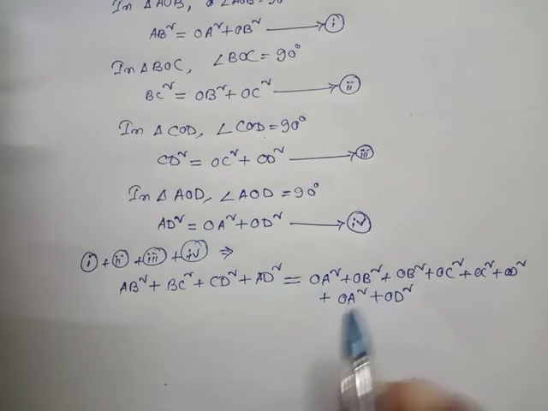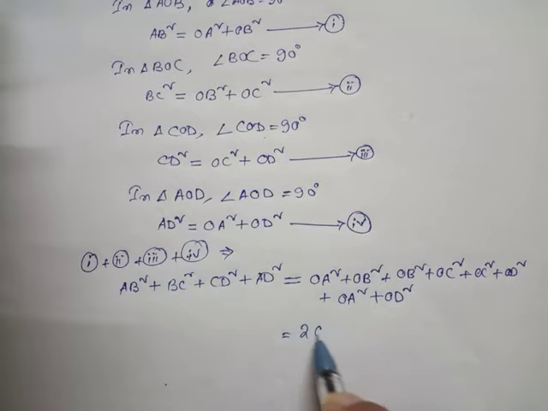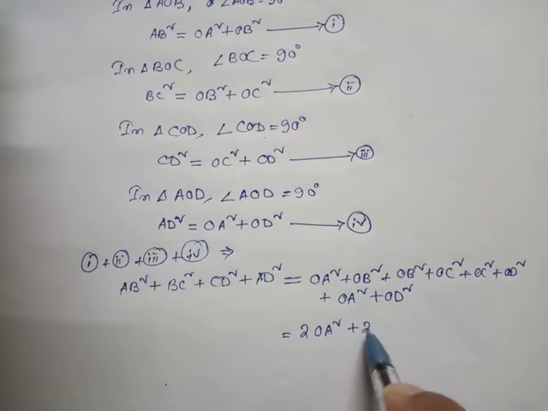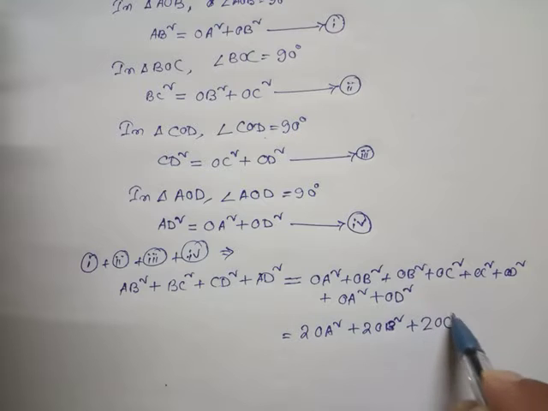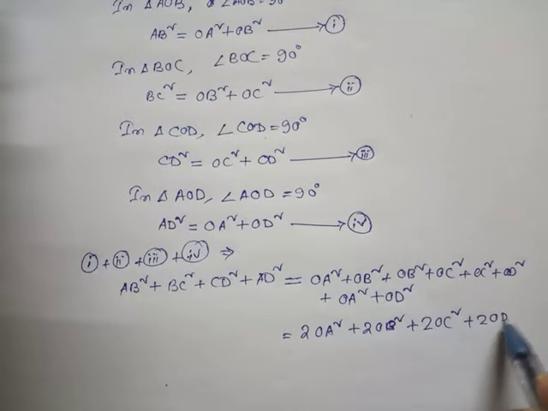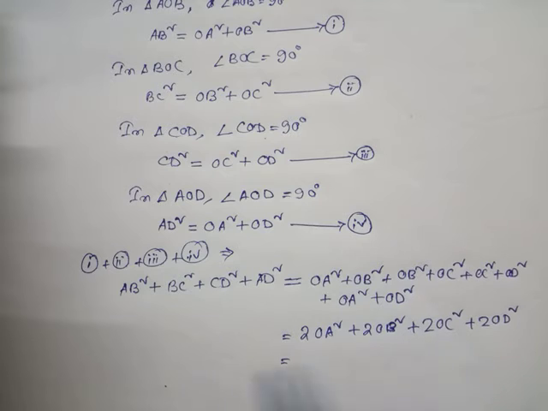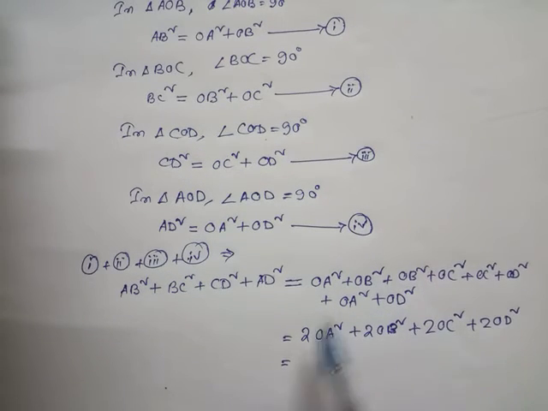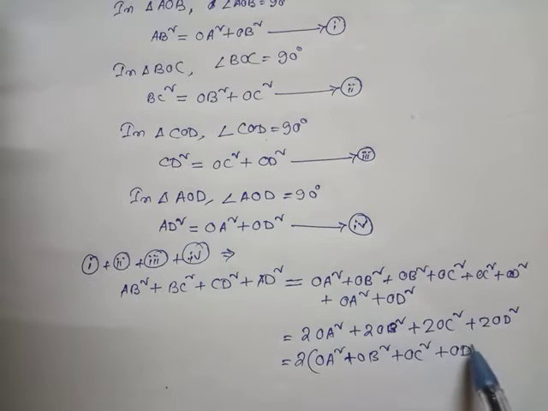OD square. Now look students, this is 2OA square plus 2OB square, 2OC square, 2OD square. Now students, if I take 2 common here, what will be the answer? Look, taking 2 common, then OA square plus OB square plus OC square plus OD square.